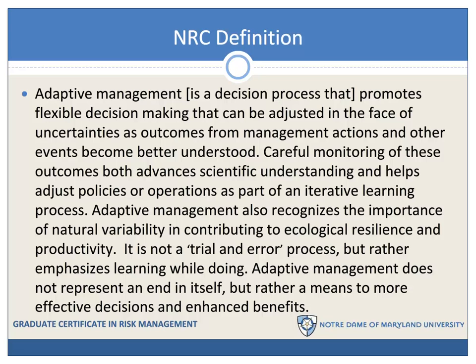Careful monitoring of these outcomes both advances scientific understanding and helps adjust policies or operations as part of an iterative learning process. Adaptive management also recognizes the importance of natural variability in contributing to ecological resilience and productivity. It is not a trial and error process, but rather emphasizes learning while doing. Adaptive management does not represent an end in itself, but rather a means to more effective decisions and enhanced benefits.